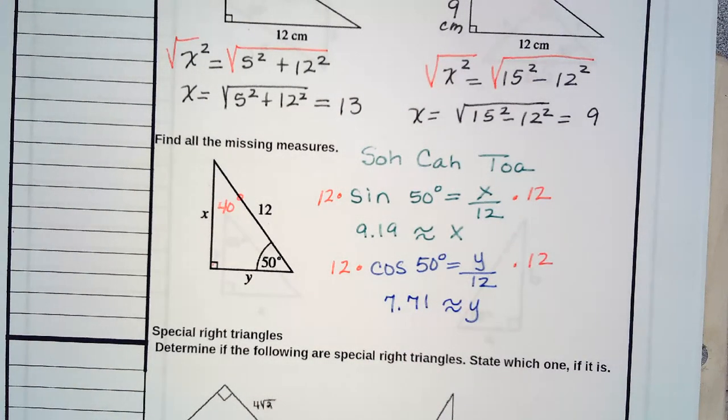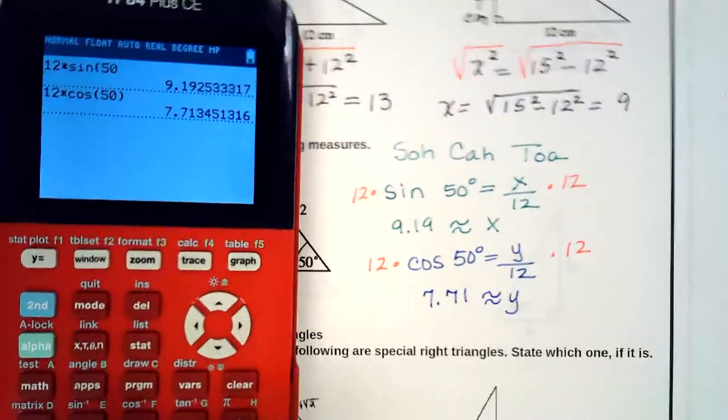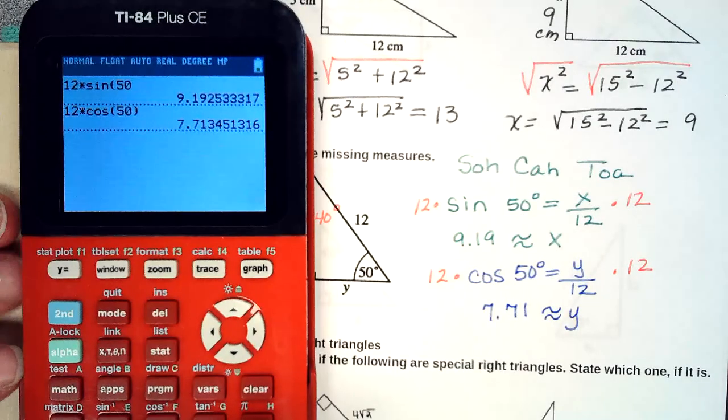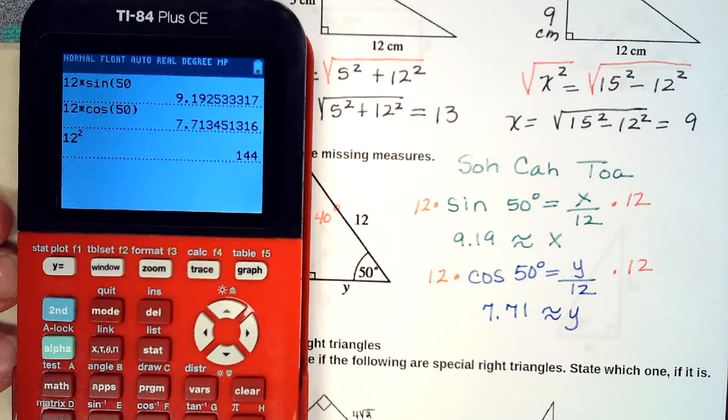Okay, how do I do a quick check? Well, if I want to do a quick check, I will use the Pythagorean theorem. 12 squared is equal to 144.